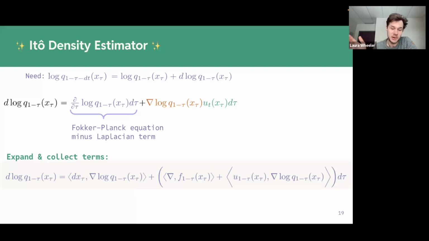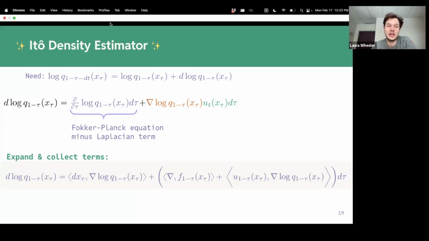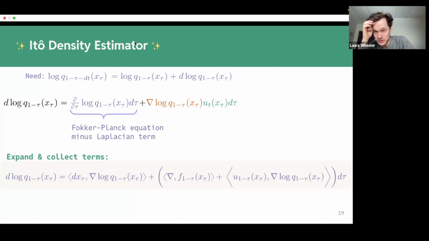But the good part, after doing all this accounting, is that we don't have the divergence of the vector field. We don't need to backprop through the neural network at every step to track the change of the density of our current sample.